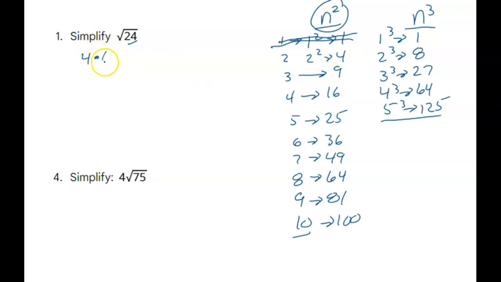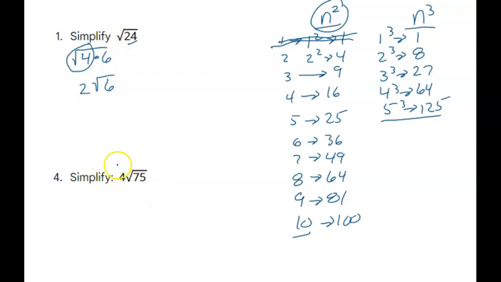So it'll be 4 times 6, and that's underneath the radical sign. You can do the square root of 4. You can't do the square root of 6, so the square root of 6 stays as a radical. You can't simplify it. Since you can do the square root of 4, your answer is 2. So the square root of 4 is 2, it's written outside. The square root of 6 is just root 6.